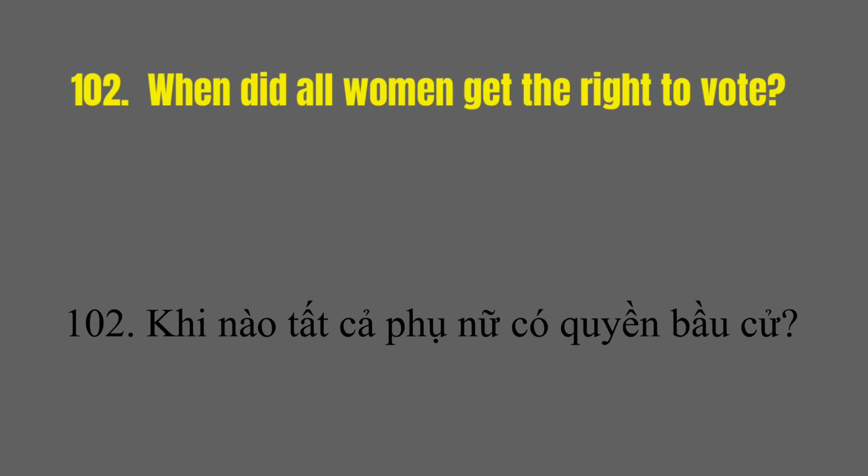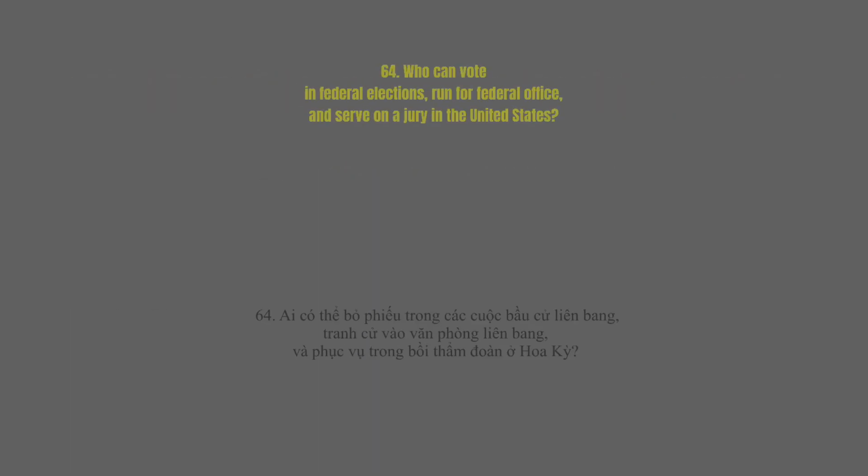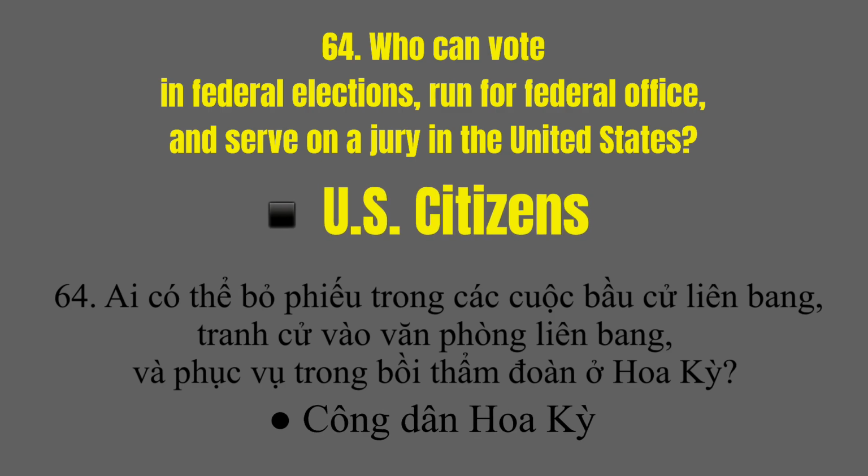When did all women get the right to vote? After World War I. Who can vote in federal elections, run for federal office, and serve on a jury in the United States? U.S. citizens.